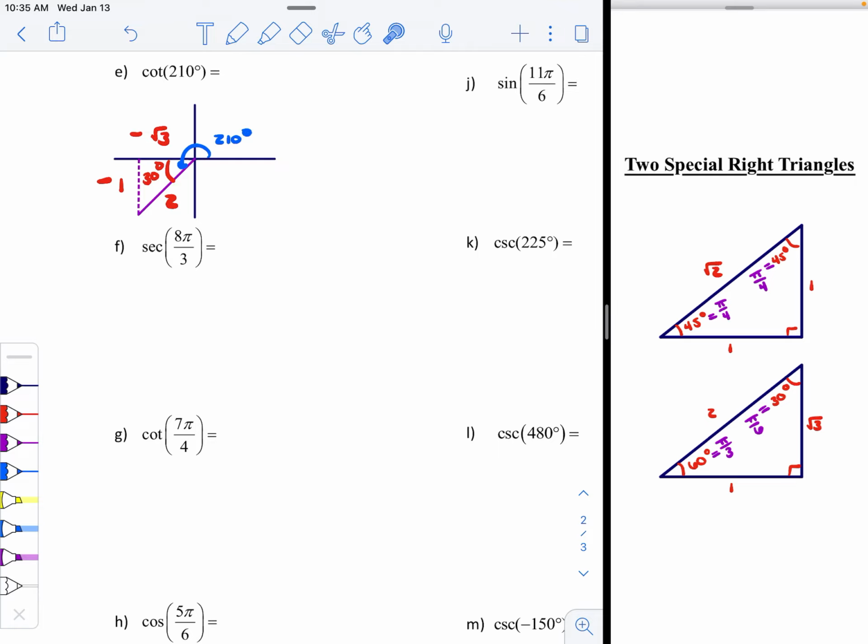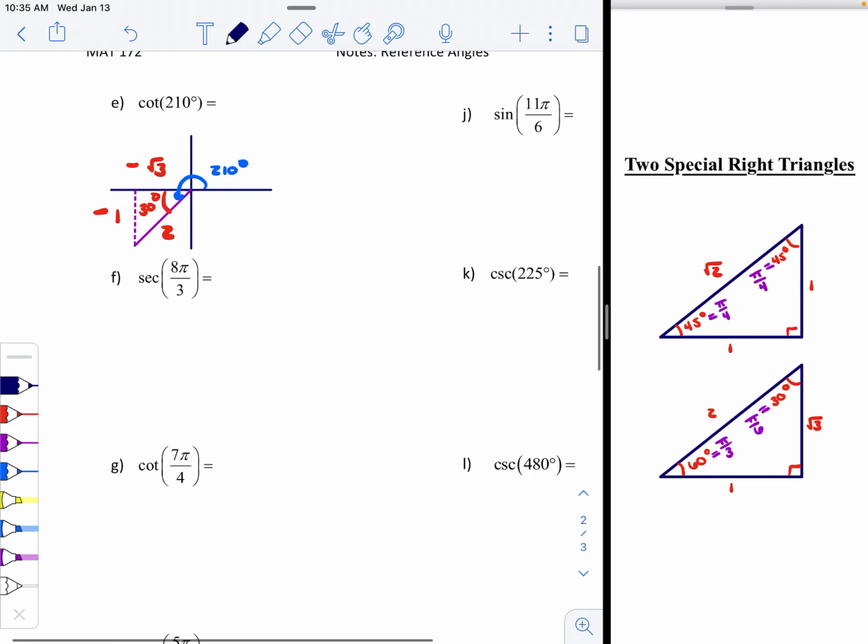Using our special right triangle over here on the right, opposite a 30-degree angle is 1, hypotenuse is 2, and the adjacent side is root 3. We're in quadrant 3, where both x and y are negative. And remember, the hypotenuse is always positive.